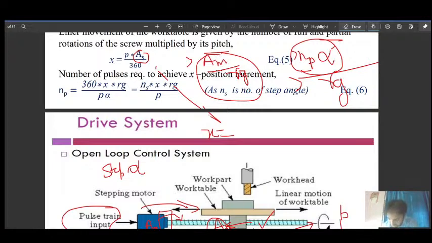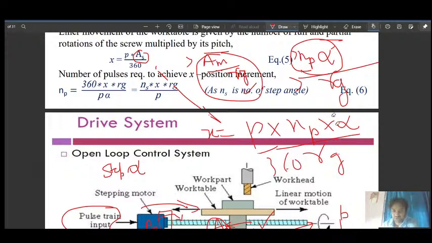So x equals the pitch value P, times the AS value, AM by RG, that is NP alpha by RG. NP is the number of pulses we have used to drive the AM angle, and alpha divided by RG, and then divided by 360 degrees.